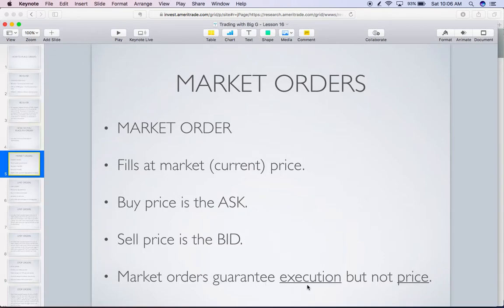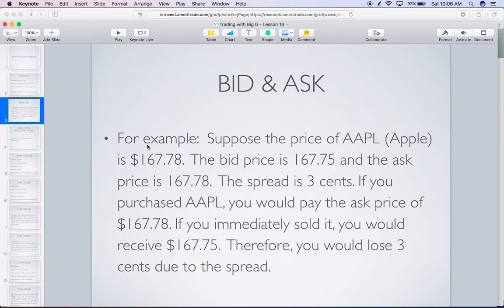A market order guarantees that the order will be executed, but it doesn't guarantee the price. And again, you buy at the ask, and you would sell at the bid.